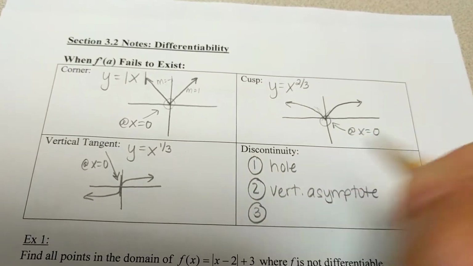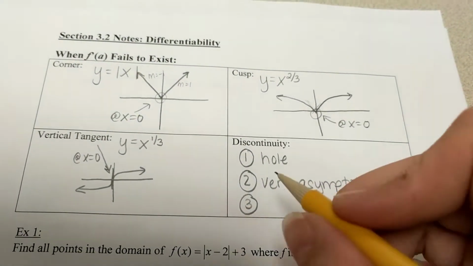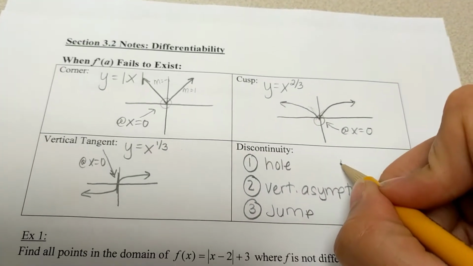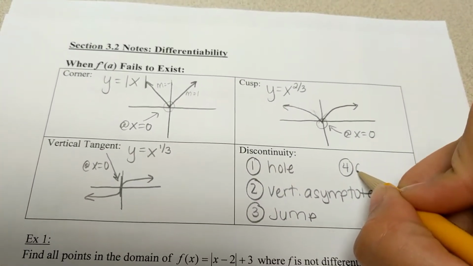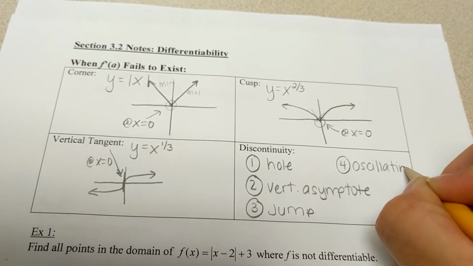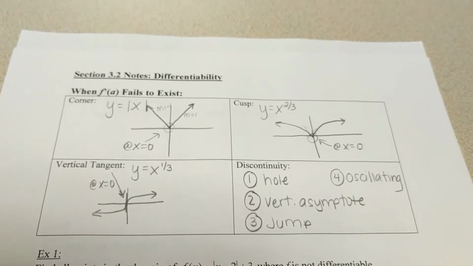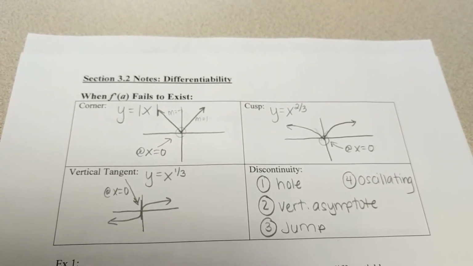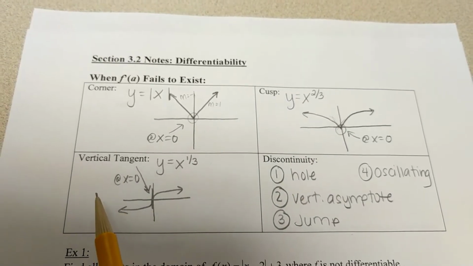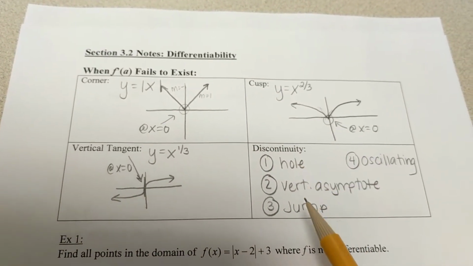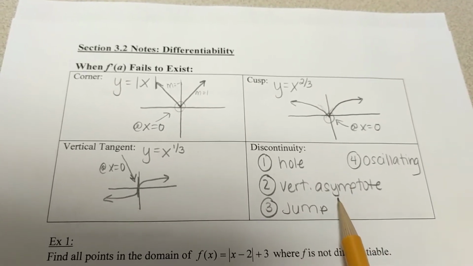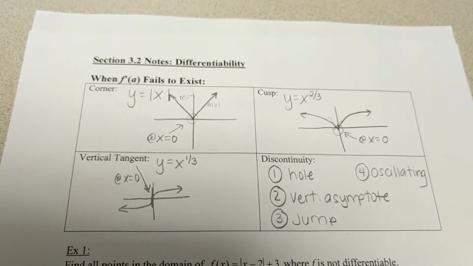The third one was the jump. And then number 4 is the one we rarely ever see, but that's the oscillating. So technically there's 7 places that a derivative fails to exist: a corner, a cusp, a vertical tangent, and then these 4 different places. If it doesn't work in the original function, it's not going to work for the derivative either.